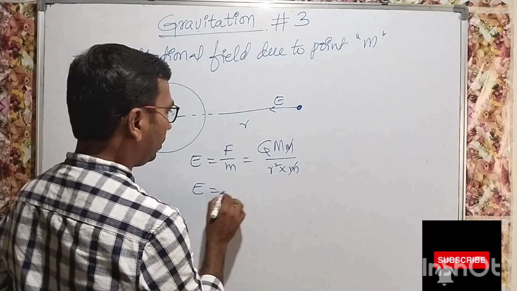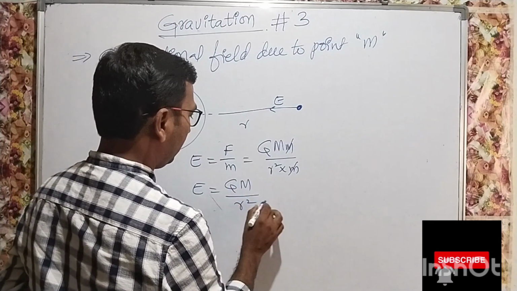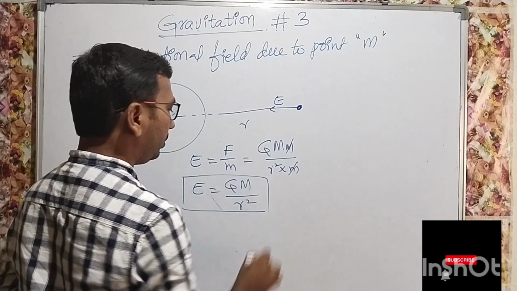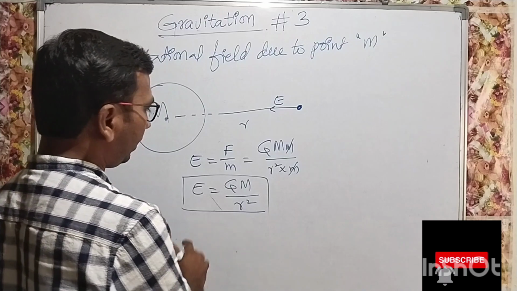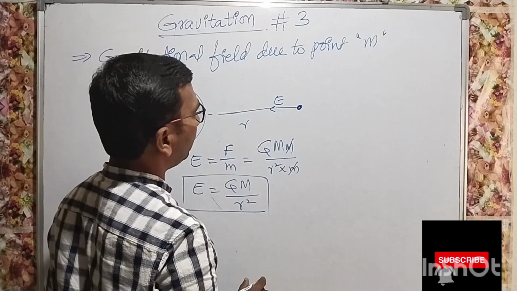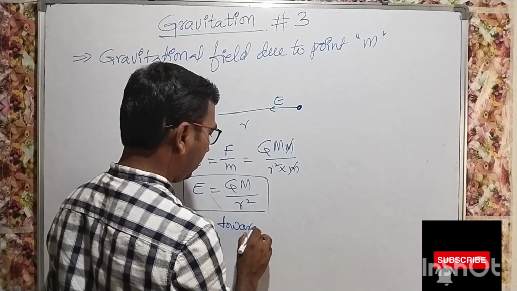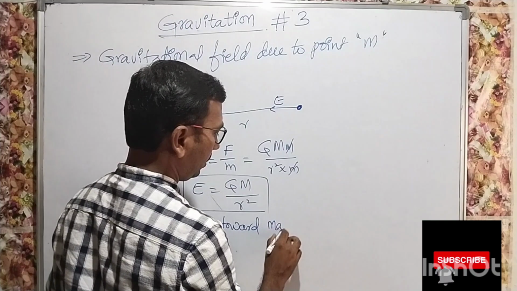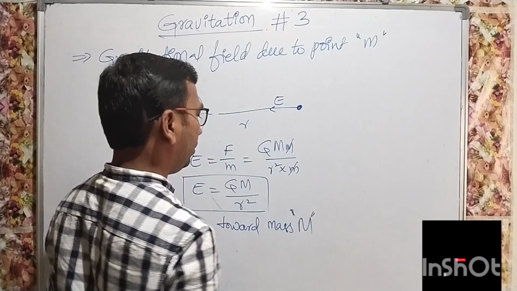So E is equal to capital G, capital M by R square. This is the gravitational field due to a point mass, and this field is directed towards the mass capital M.